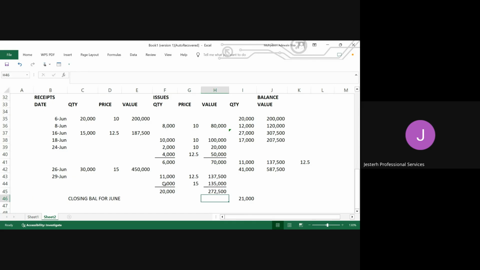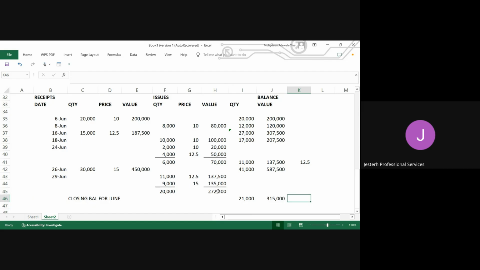Now, what is the total value? Remember that the whole one valued at 12 naira 5 kobo, we have issued it out. The one that is remaining in the store is the one that we purchased on the 26th, which is at the rate of 15 naira. There are two methods you can use. Either you take the total value of what you had in the store before minus the one you issued out, and that is going to give you this value.